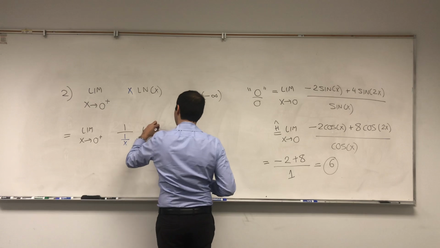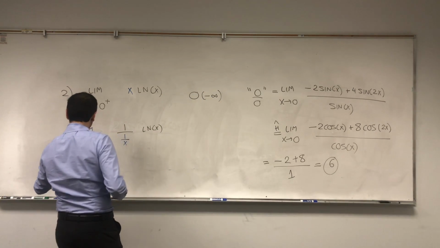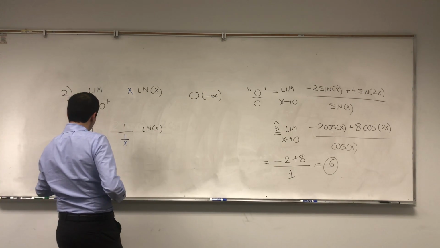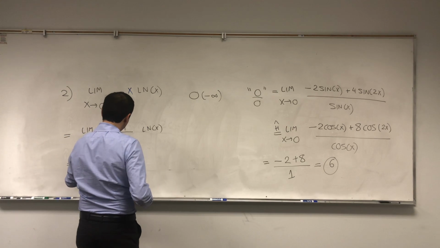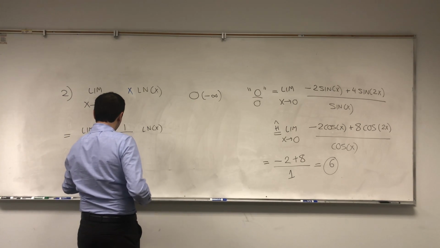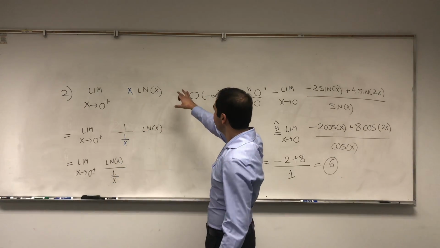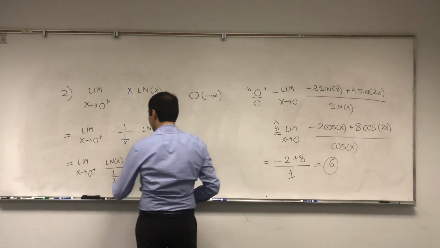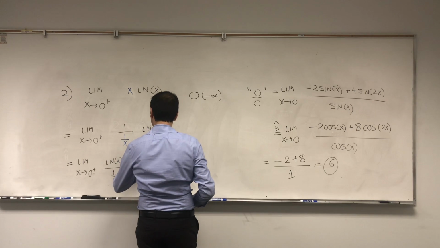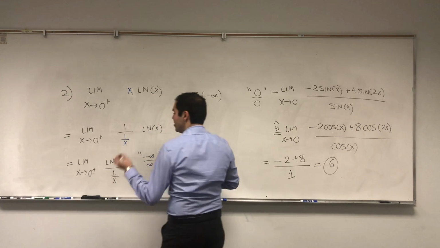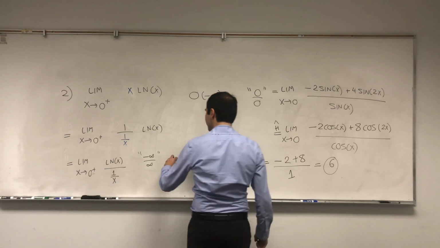And then we get ln of x. And so we get limit x goes to 0 plus of ln of x over 1 over x. And notice now, this is of the form infinity over infinity. So strictly speaking, minus infinity over infinity, which is okay.